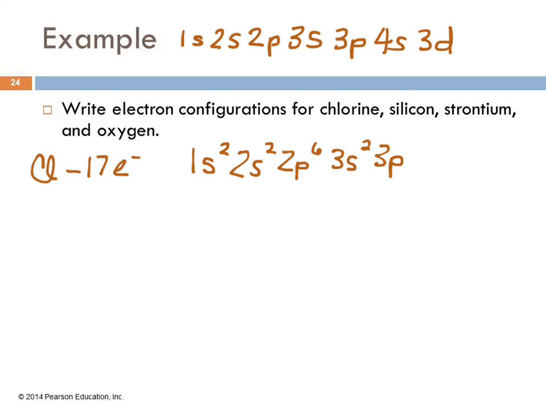We've got 5 left. 2 plus 2 is 4, plus 6 is 10, plus 2 is 12, and we're going for 17. I'm missing something. Yeah, I'm sorry, 12 plus 5 is 17. Oh my goodness. You might want to use a calculator to do that. That's the electron configuration for chlorine.